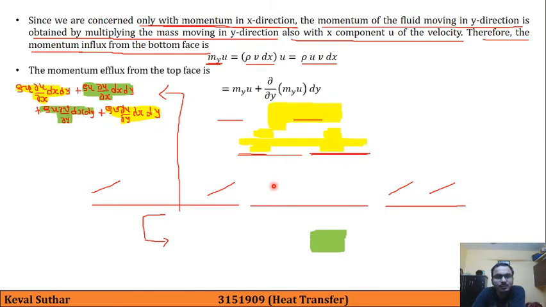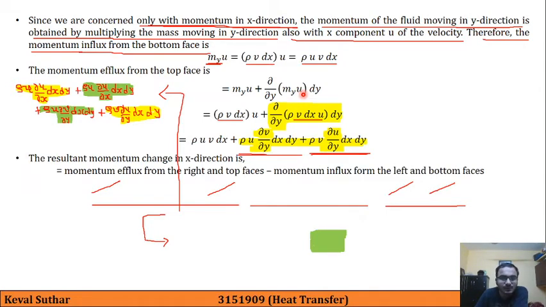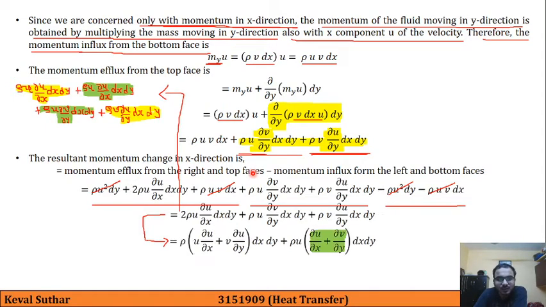Then for the top as well as bottom faces we also calculated the values of momentum, and the resultant change in the x direction is given by this formula: momentum entering minus momentum leaving.